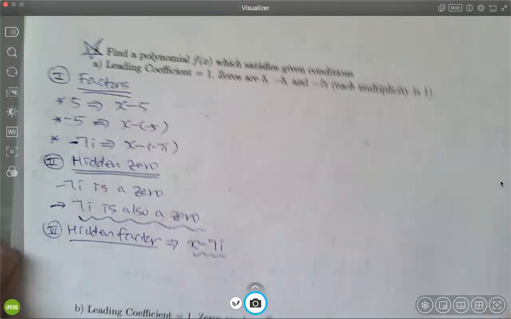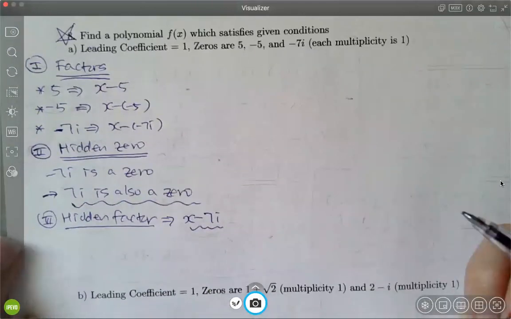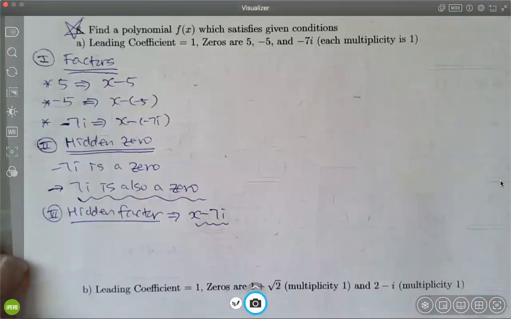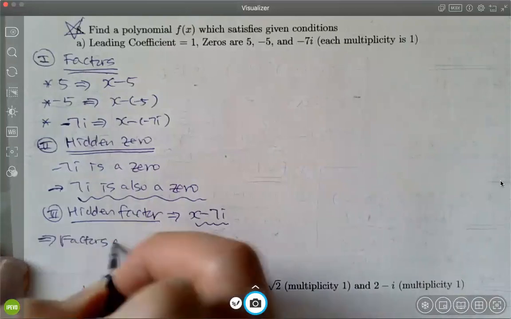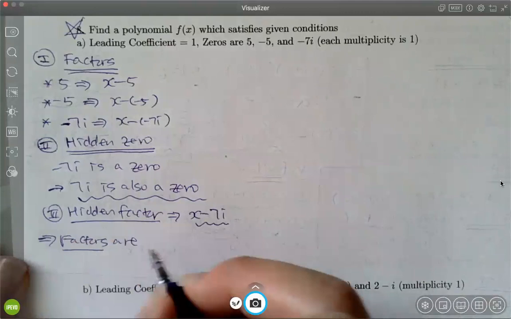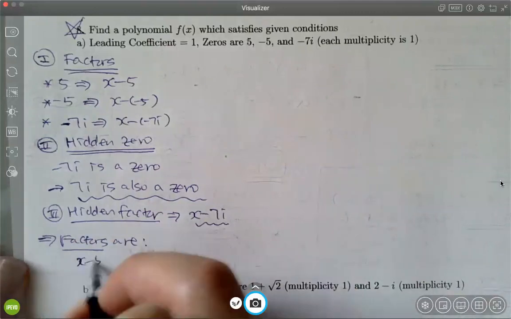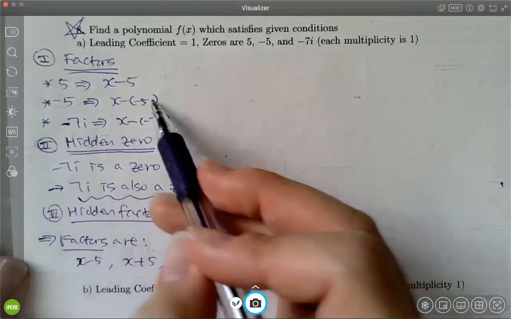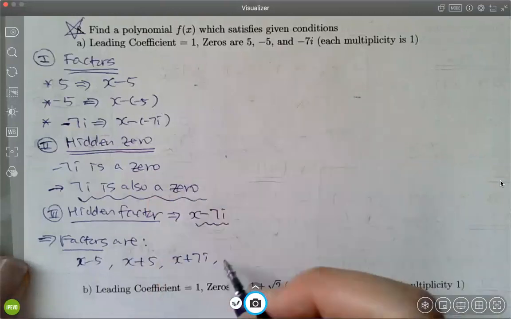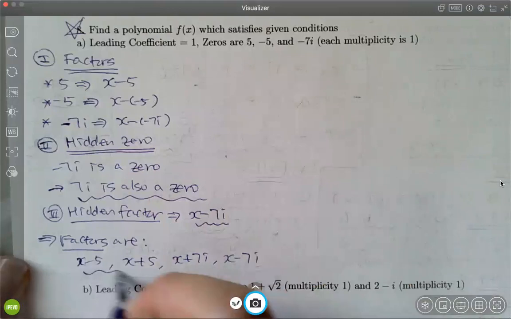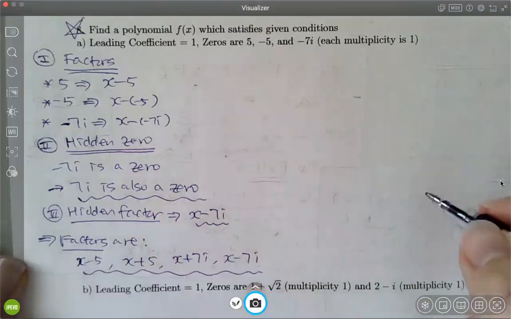Okay, so in summary, what are the factors? The factors are x minus 5, and then x plus 5 from here, and then x plus 7i, and then this one, x minus 7i. Okay, so these are the 4 factors.